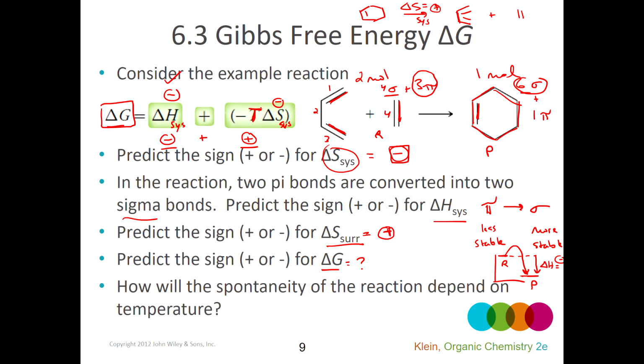At higher temperatures, this term will become larger. And if the positive term increases in size, when I add them, that'll make delta G more positive. So I can say at a higher temperature, delta G will become more positive, which means non-spontaneous.